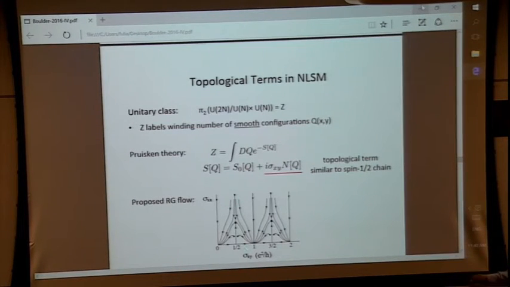One is the stiffness term, T, but then there's another stiffness term, which is the so-called theta term, the coefficient of the topological term. These two terms can be exactly identified. One can argue that these two quantities, T and theta, are basically the sigma xx and sigma xy, the longitudinal and Hall conductance. For example, if we have a time reversal invariant system, we know sigma xy has to be 0. That's why the theta term has to be 0.